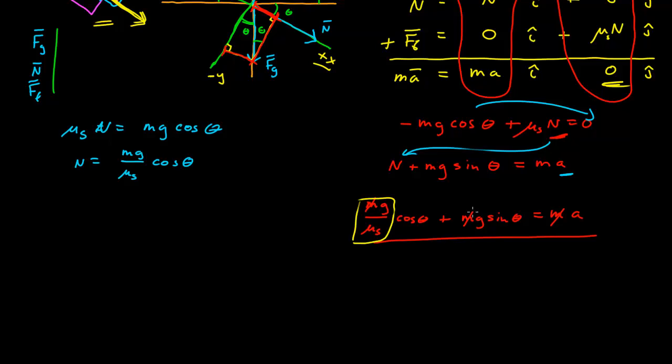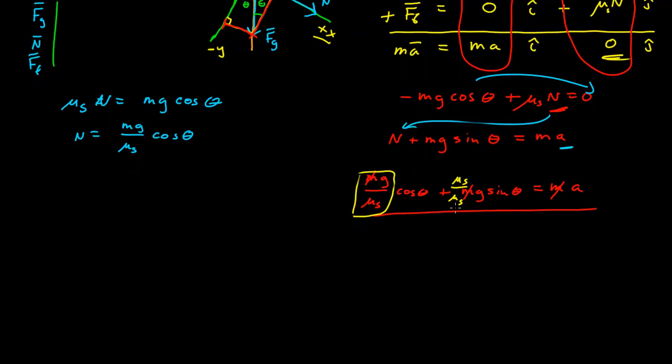If I multiply this term by mu sub s over mu sub s, then I can factor out from this expression a factor of g over mu sub s. If I do that, I get a is equal to g over mu sub s times cosine theta plus mu sub s sine theta.